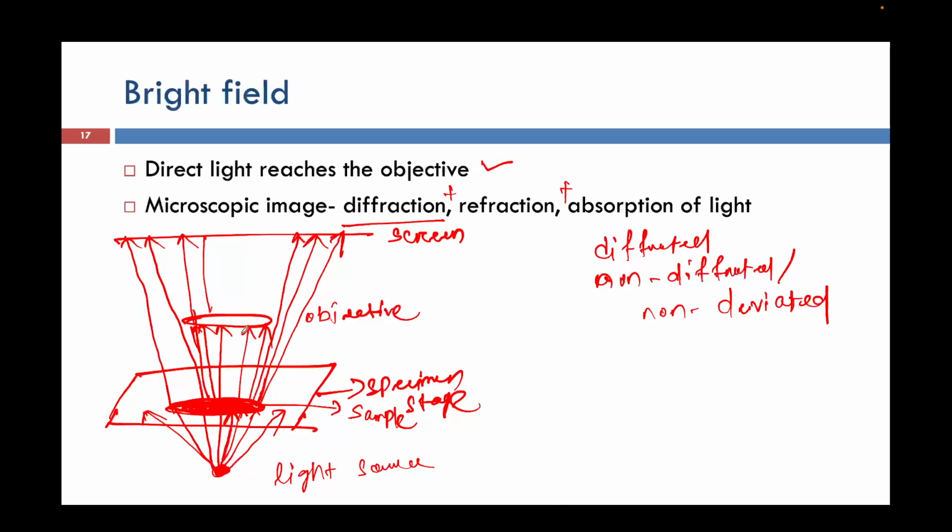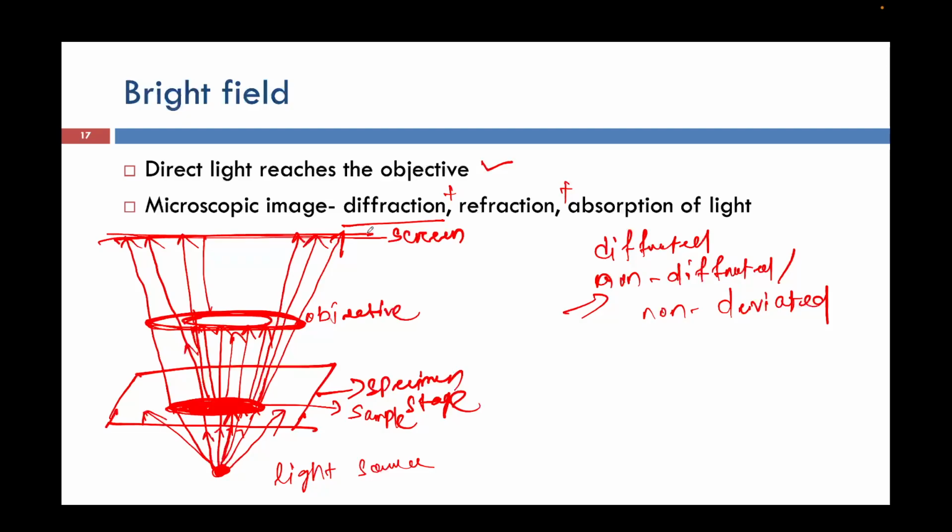Let's say my objective is like this; I'm drawing it a little bigger so that you'll understand. Some rays go straight through without interacting with my specimen; those I call non-diffracted rays. Some rays interact with my specimen and go in particular directions. All the rays which are not diffracted will hit the screen straight.